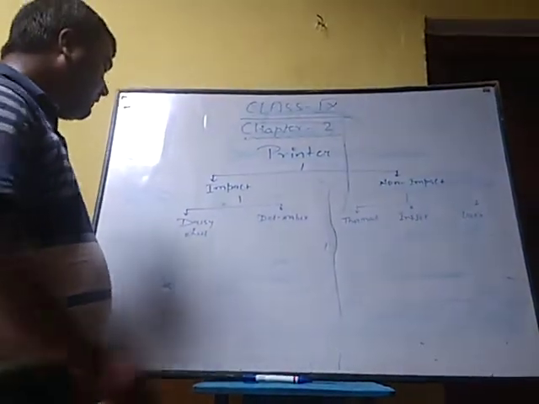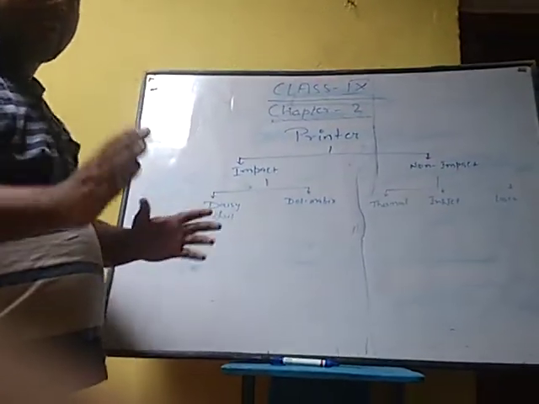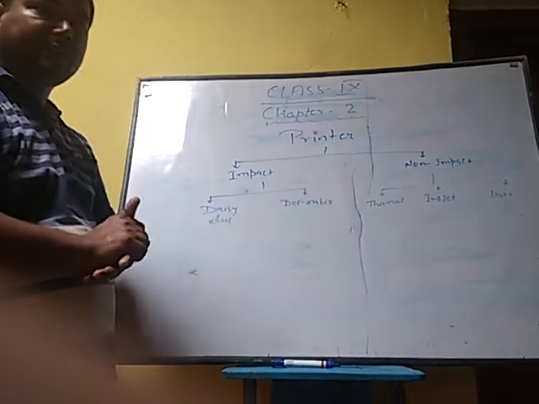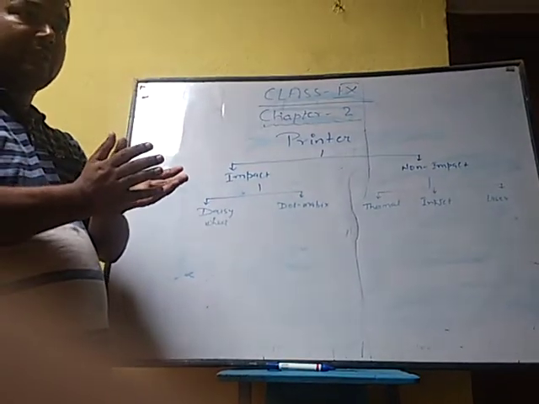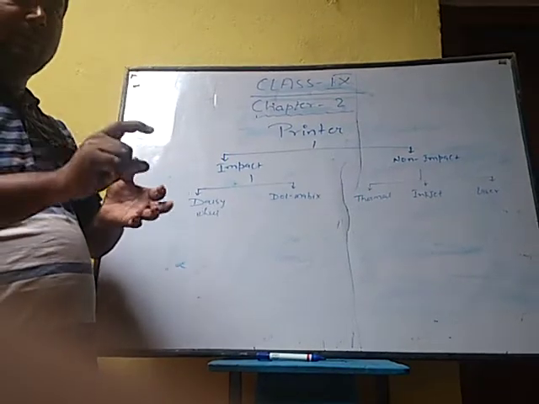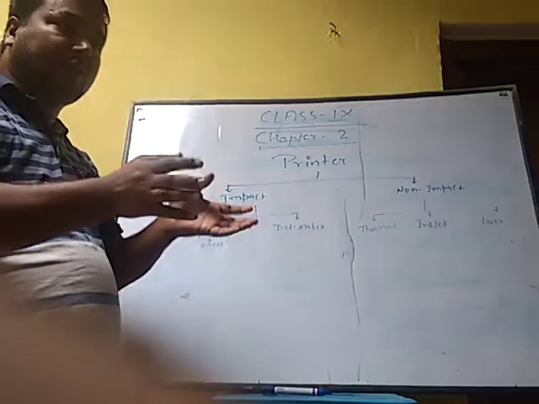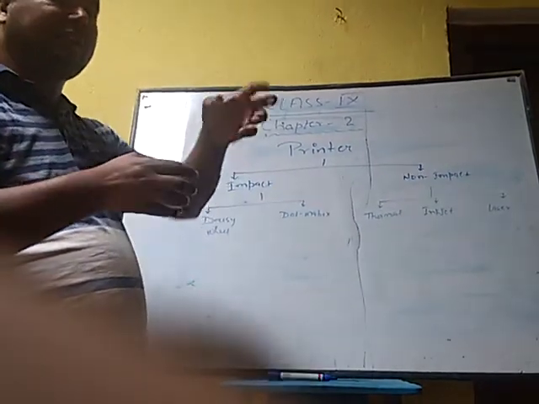Now I will discuss the adhesive printer and the dot matrix printer. The typewriter machine which I was discussing is a type of adhesive printer. In this printer, a bunch of keys are mounted, and on the head of each key a character is mounted.